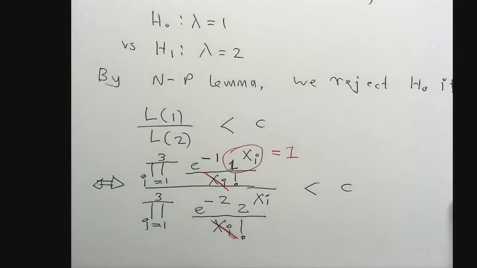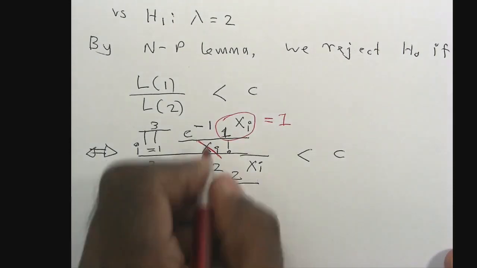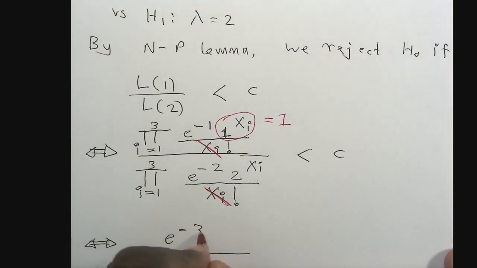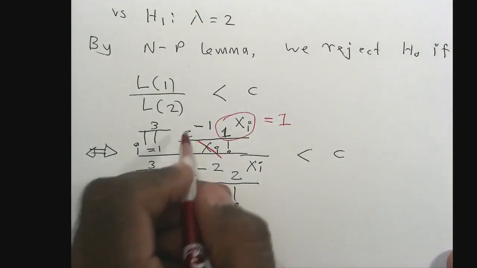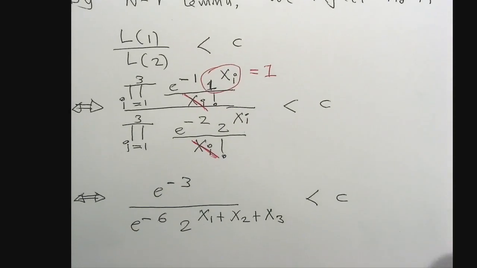So what you have is, in the top you have e to the minus 3, right? It's multiplying this 3 times. In the bottom you have e to the minus 6, to the power of the sum of xi, less than a constant c.